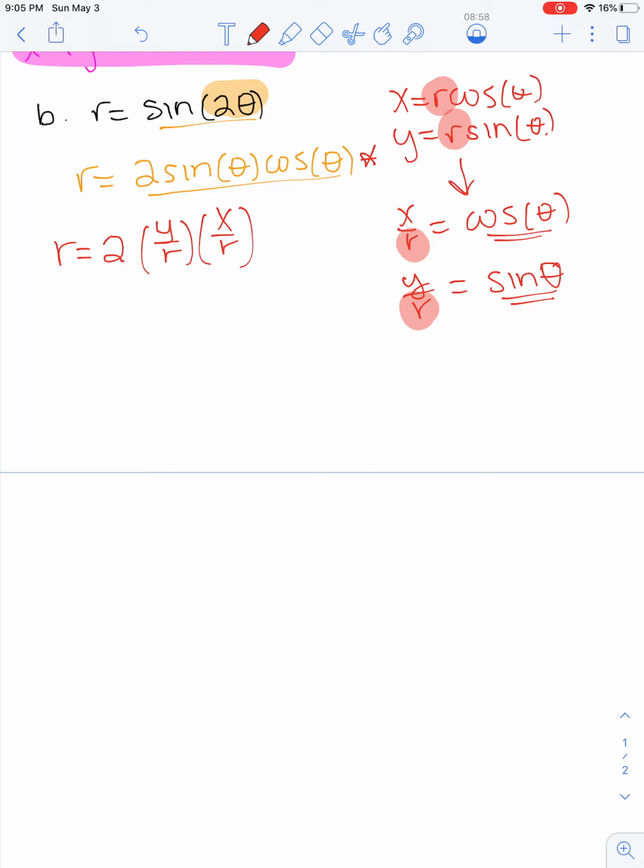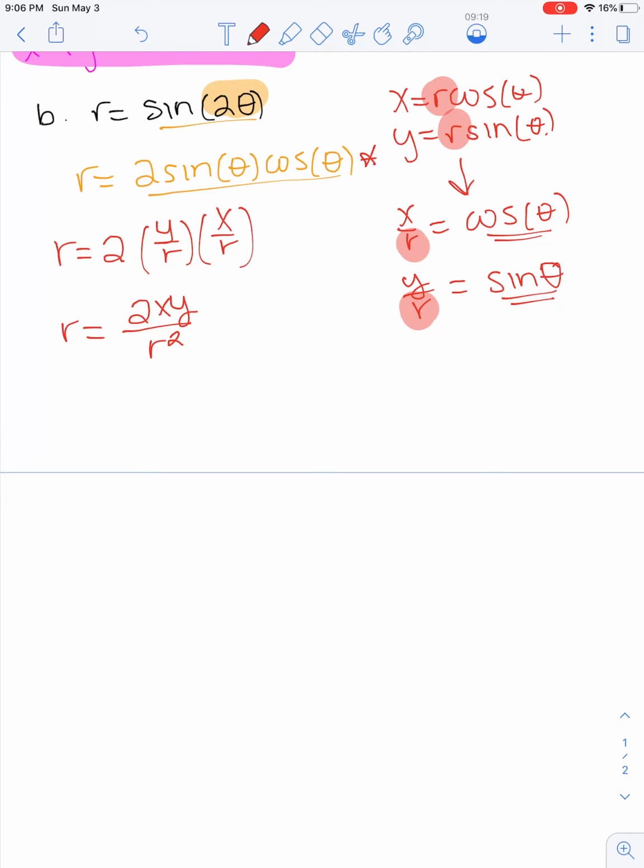Okay, so we've introduced our x and we've introduced our y, but we need to deal with r. I think at this point it's easiest just to simplify a little bit to see that this is 2xy, right, just multiplied those two together in the numerator over r squared.